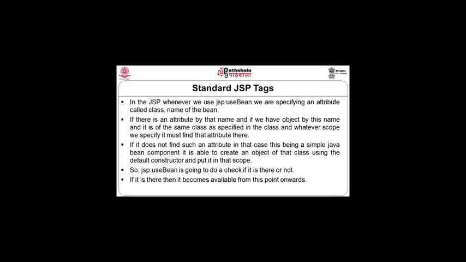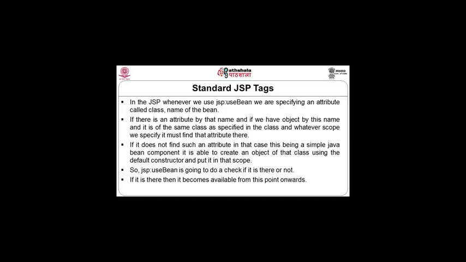If it does not find such an attribute, what happens in that case? This being a simple Java Bean component, it is able to create an object of that class using the default constructor and put it in that scope. So, useBean is only going to check if it is there or not. If it is there, then it becomes available from this point onwards.